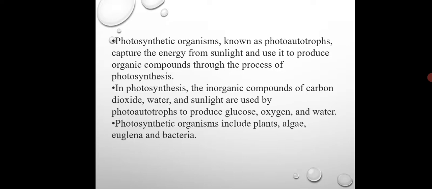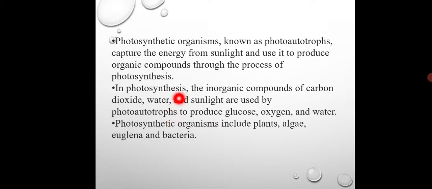Photosynthetic organisms are known as photoautotrophs, which use sunlight to produce organic compounds, and that process is known as photosynthesis. In photosynthesis, the inorganic compounds carbon dioxide and water, along with sunlight, are used by these photoautotrophs. Photoautotrophs are organisms which can perform photosynthesis.